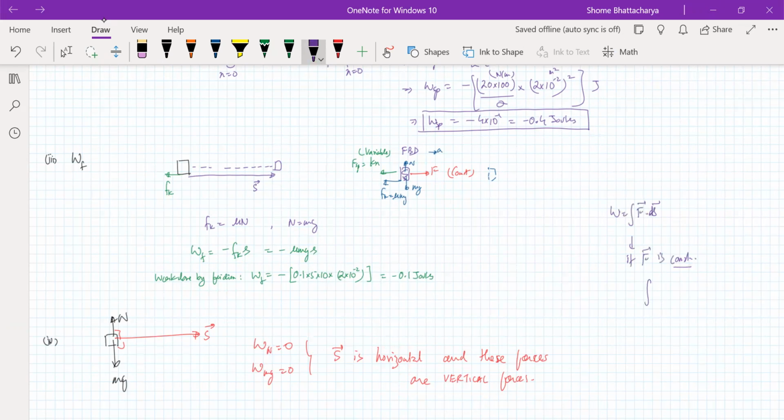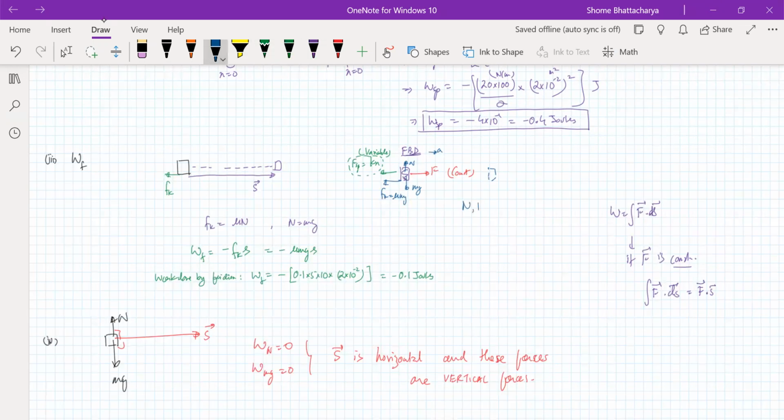Sir, so spring force isn't constant force? Spring force is not. Spring force is the only one which was variable out of these forces. That's what I'm showing you in the FBD also here. That's important. That only one of the forces is variable, the spring force, because it depends on x. The others are all what? Constant forces.